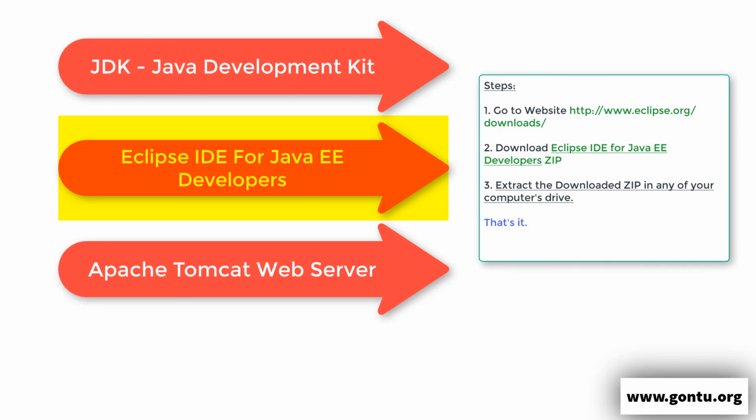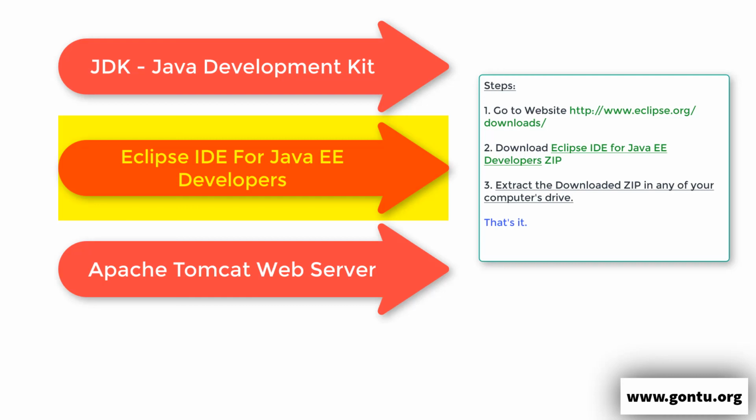You first go to the Eclipse website and look for the Java EE Developers Eclipse IDE zip. Once you find it, just download it. Once it is downloaded fully, you need to extract it in any of your computer's drives, and that's all. This completes the installation process for Eclipse IDE.